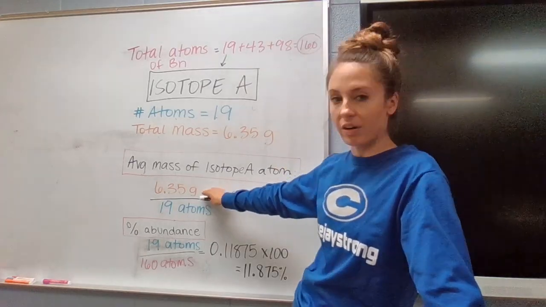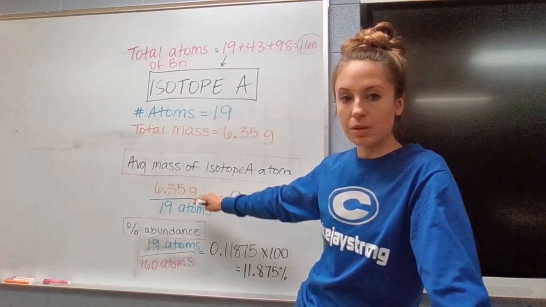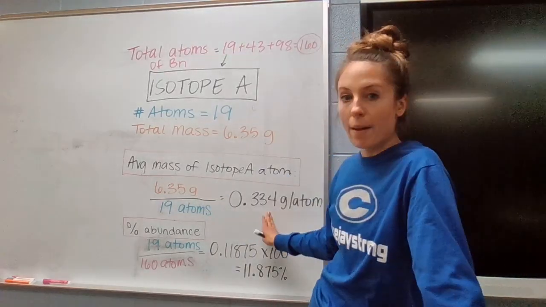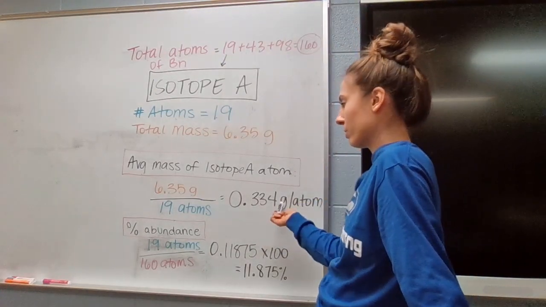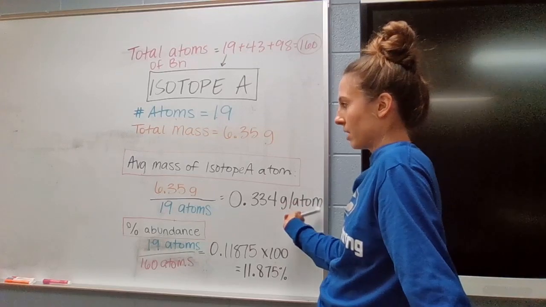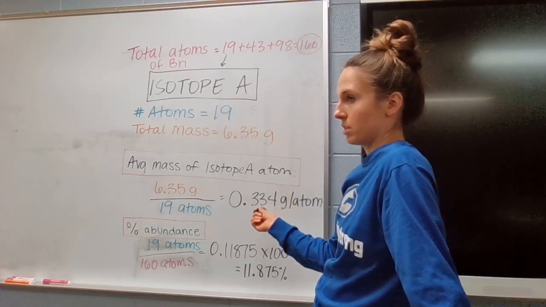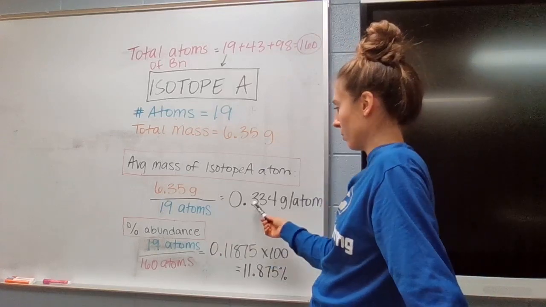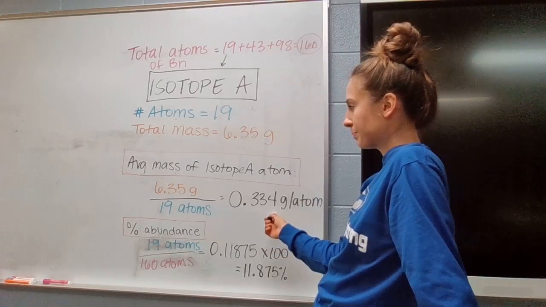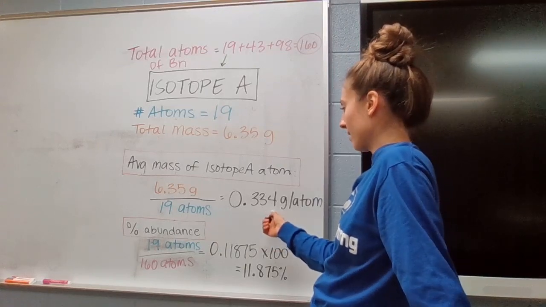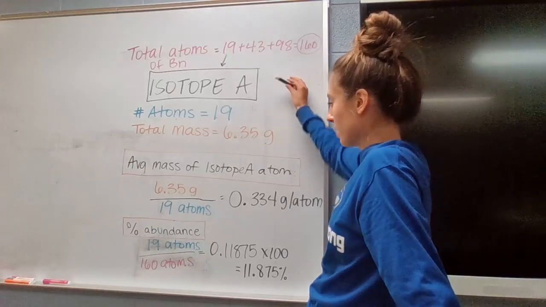So 6.35 grams divided by the 19 atoms that made up that mass will get us an average mass per atom of 0.334 grams per atom of isotope A. And it says in the procedure that you want this to 3 decimal points, so I went to 3 decimal points with 0.334. So this is the average mass of a singular atom of isotope A.